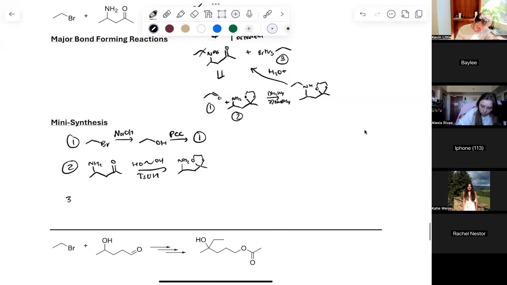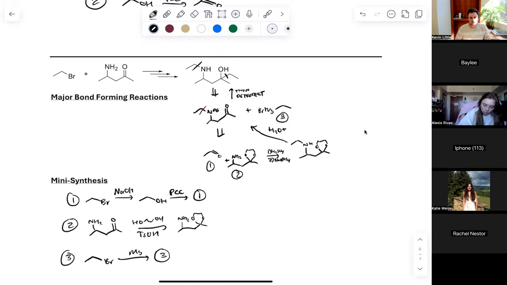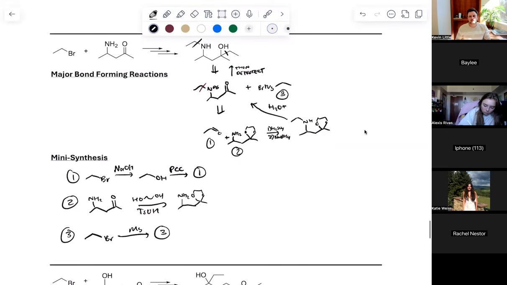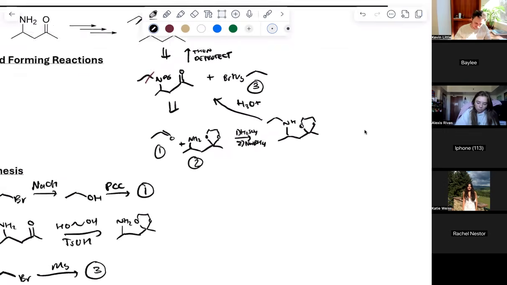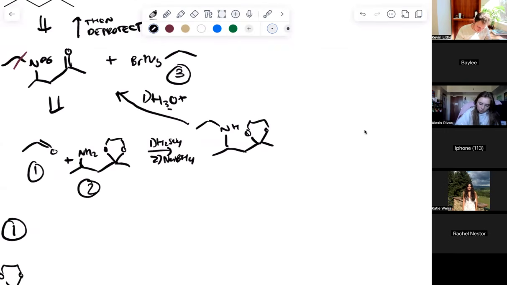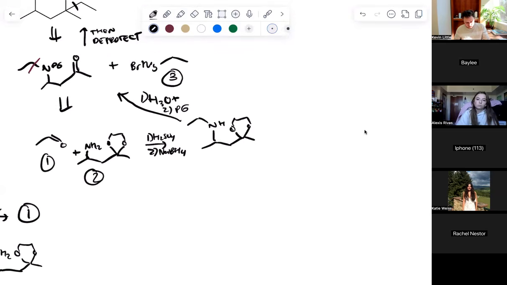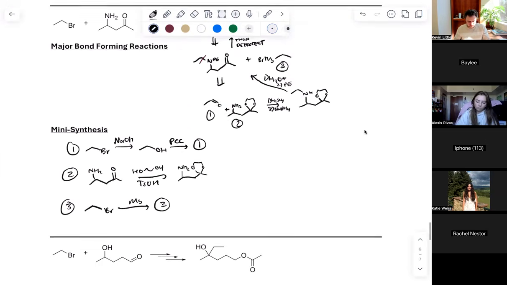And then 3 is just making my Grignard. So taking a really methodical approach and always protecting is safe. I realize I didn't explain the protecting group, so I'll just add that in.